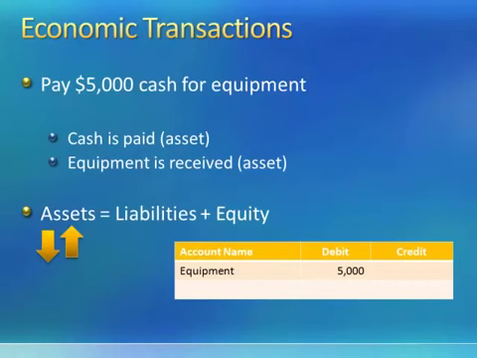Since cash is going out, our asset cash is going down. So to decrease our asset cash, we credit cash $5,000. The economic event is to pay $5,000 cash for equipment. The journal entry to record that is to debit equipment $5,000 and credit cash $5,000.